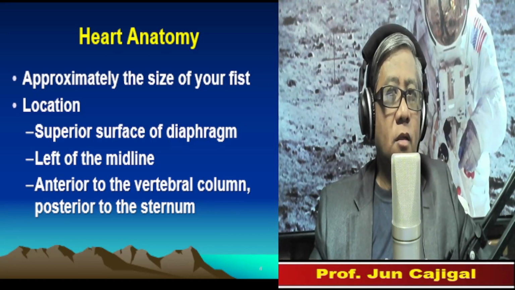So here is an illustration to help you visualize the location of the human heart. So again, the human heart is approximately the size of your fist. The human heart is located at the middle of the chest but slightly pointing to the left.